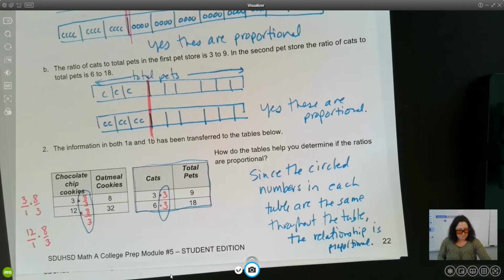All righty. Let's look at the next page.